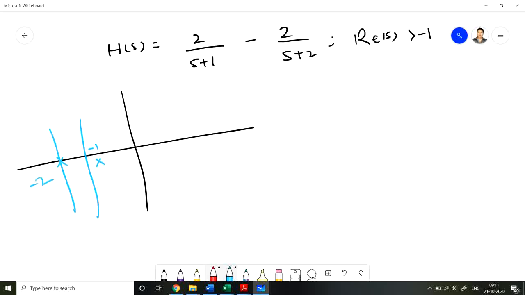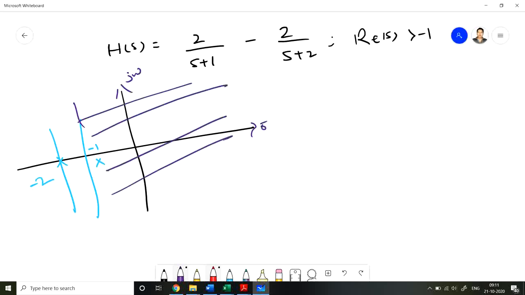In order for the system to be right sided, the region of convergence should be real part of s greater than minus 1. This is the region of convergence because both h1(t) and h2(t) are right sided signals.